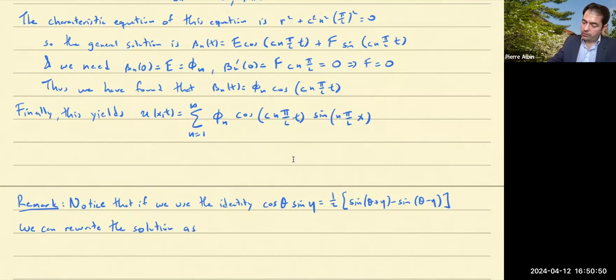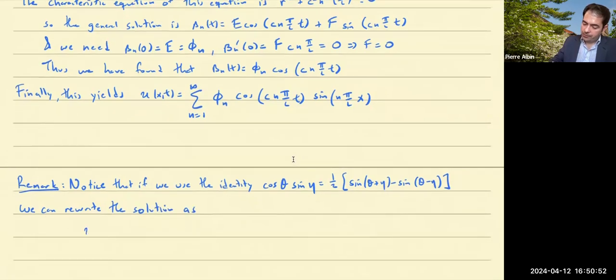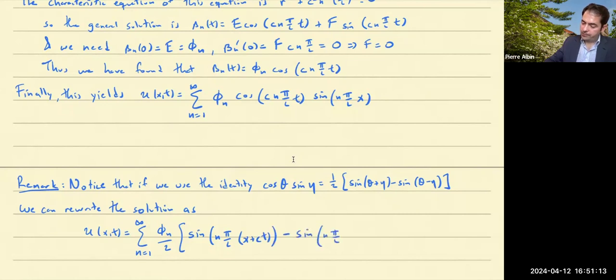we can rewrite the solution as u of x comma t is equal to the sum, n goes from 1 to infinity, of phi n divided by 2 times sine of n pi over L (x plus ct) minus sine of n pi over L (x minus ct).